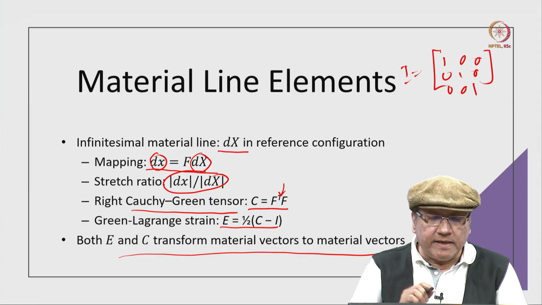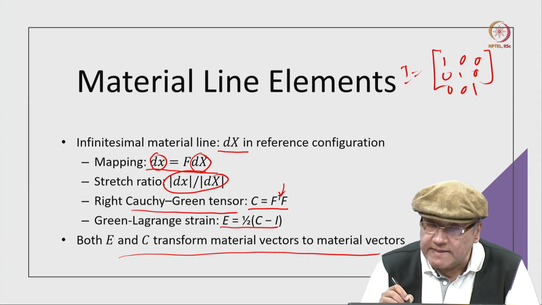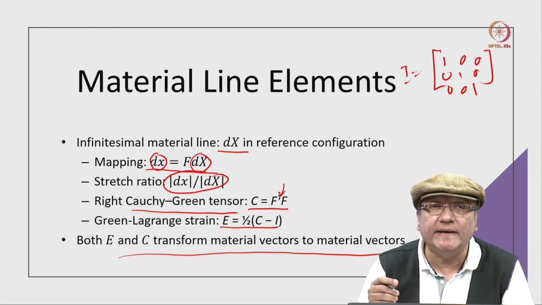So these are sometimes called the material tensors, right. So a tensor is basically a multilinear transformation of some object. Let us consider some energy like thing.